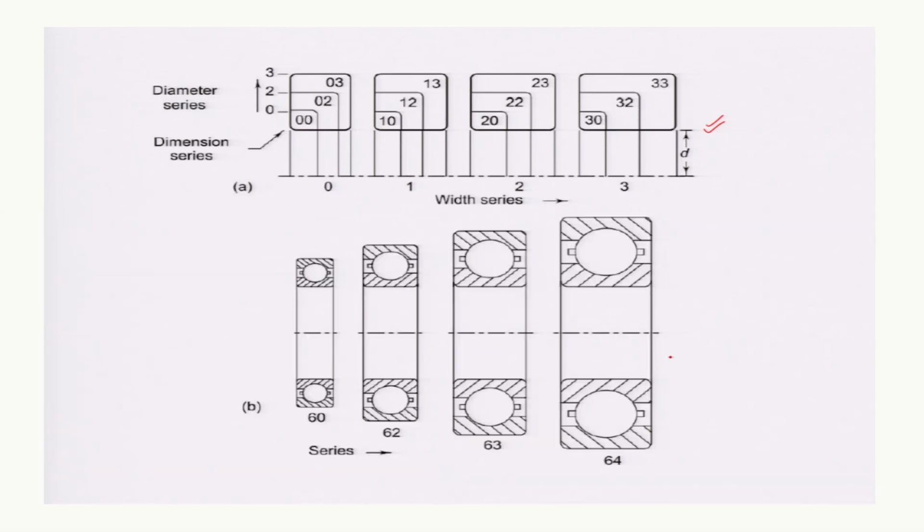This is a misnomer, anti-friction. There will be some friction, but these rolling element bearings are sometimes called anti-friction bearings because the friction is lesser in comparison to the sliding contact.